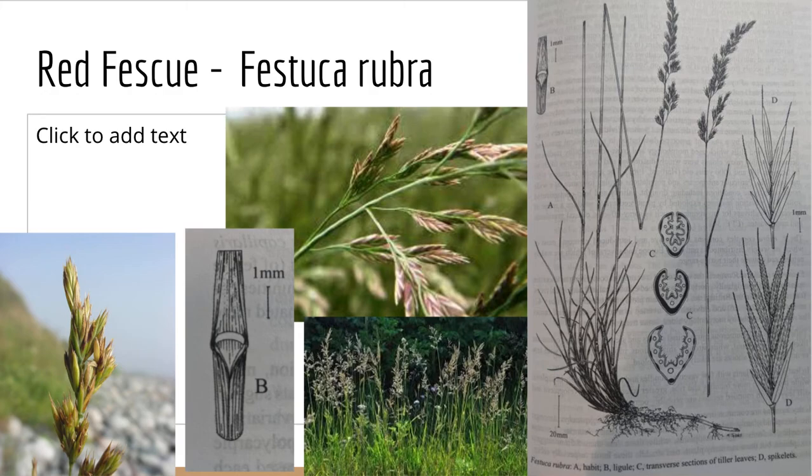So it's a very widely available plant. Its flower head is a very dense cluster of florets. Its ligule is quite small. It's very tall as well, at 100 centimetres tall.